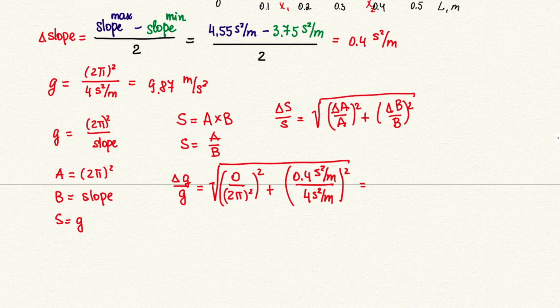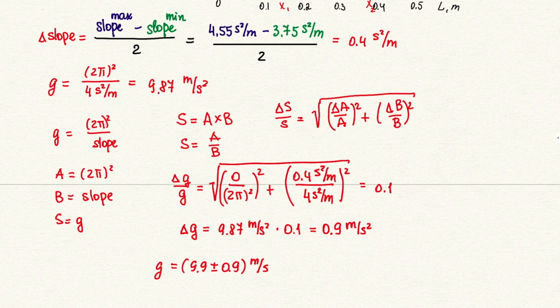And here we get 0.1, which is the relative uncertainty in G. So multiply both sides by G, we get uncertainty in G equals 9.87 meters per second squared, multiplied by 0.1, which gives an uncertainty of 0.9 meters per second squared. So the answer in this case for G is 9.9 plus minus 0.9 meters per second squared.